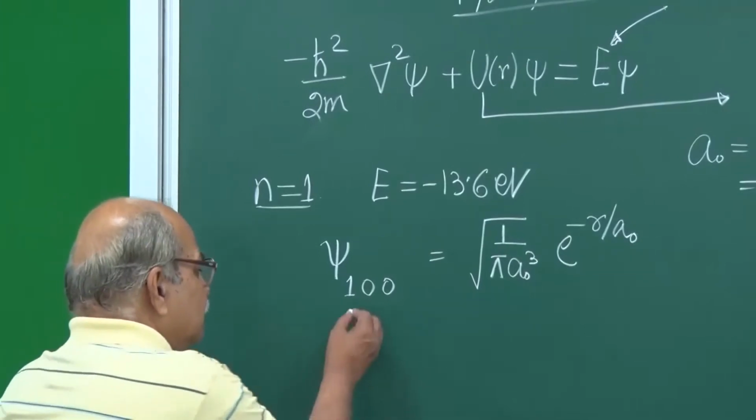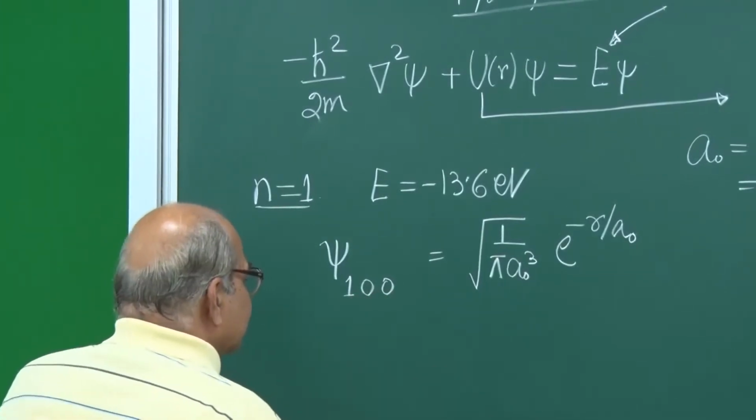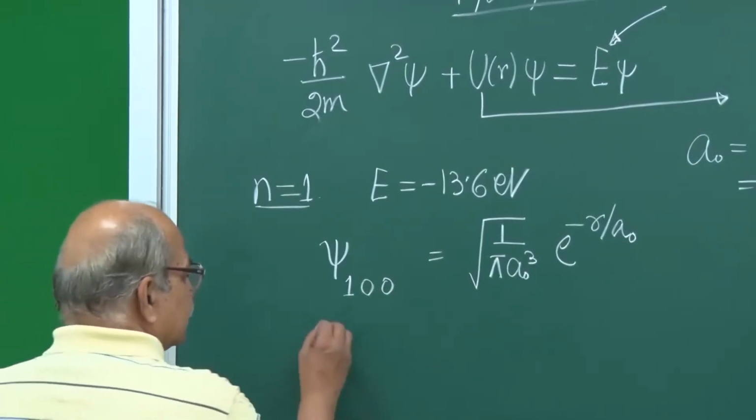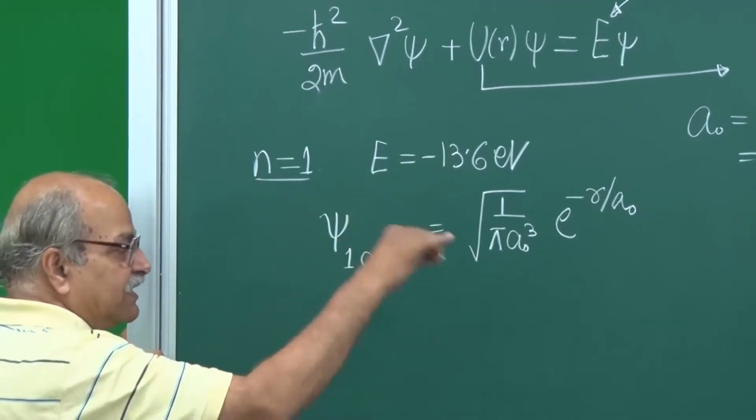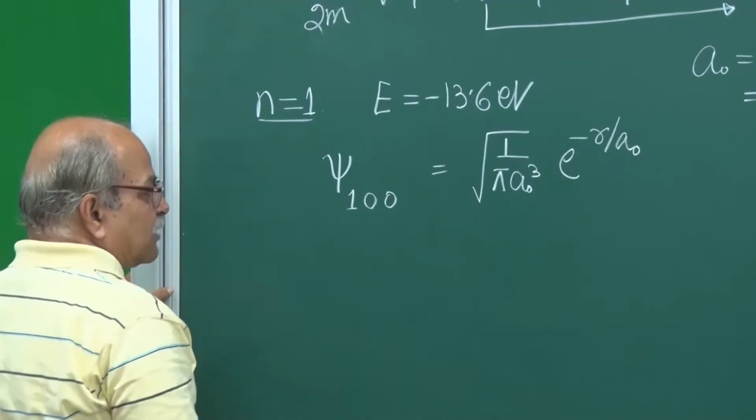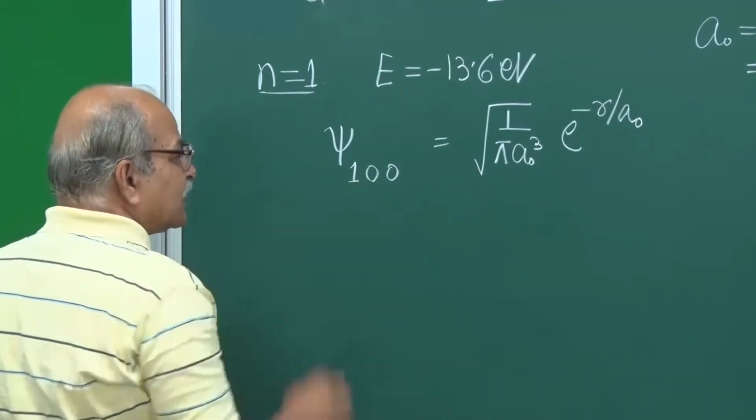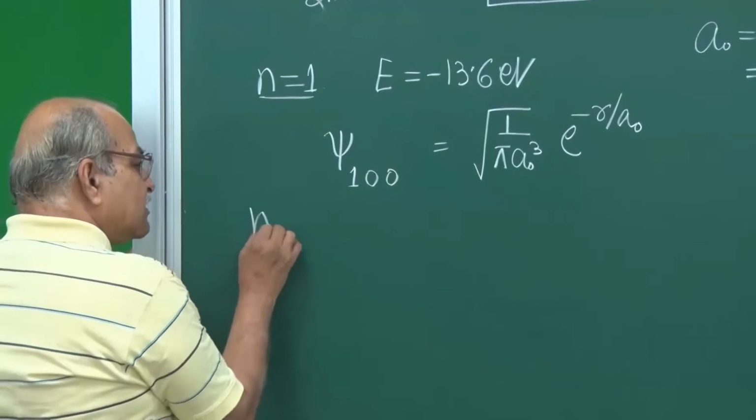Now these 3 digits that I have written here are in fact 3 parameters in terms of which these wave functions are described. I will tell what those parameters are, but let us first go for n equal to 2.